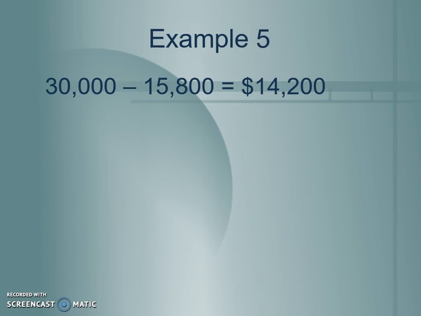And then finally it says find the loss of value for the car during the first 5 years. Well, we went from 30,000 to 15,800, so we lost a value of $14,200 over the first 5 years. Label that, it's loss of value, but I'm just going to say lost after first 5.